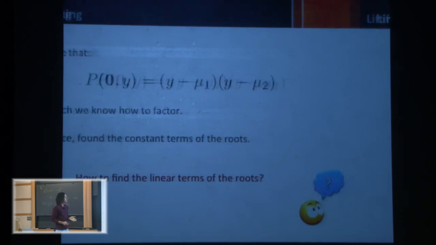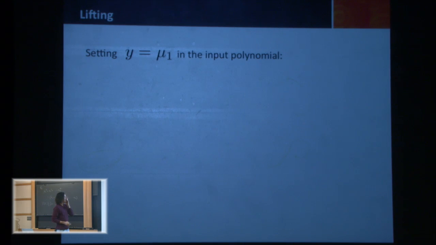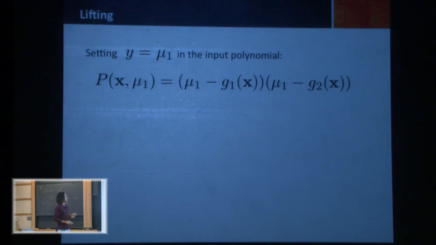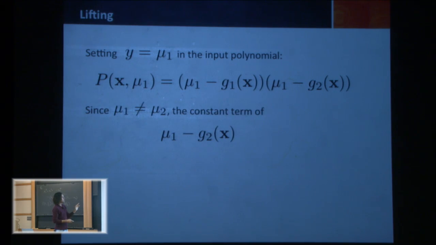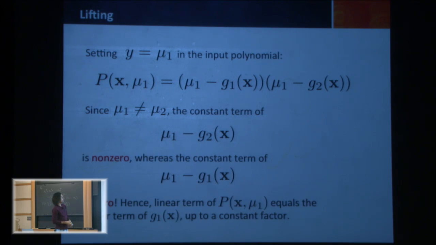Well, notice that if I set y equal to mu1 in the input polynomial, I get P(x, mu1), which is equal to (mu1 minus g1) times (mu1 minus g2). But now, since mu1 is different than mu2, the constant term of mu1 minus g2 is non-zero. But the constant term of mu1 minus g1 is 0.